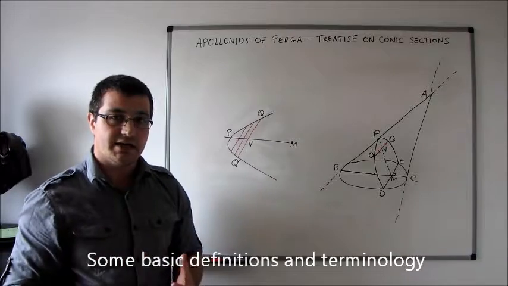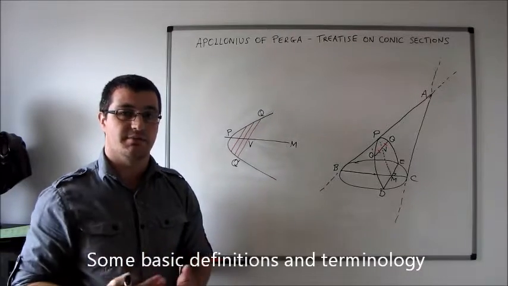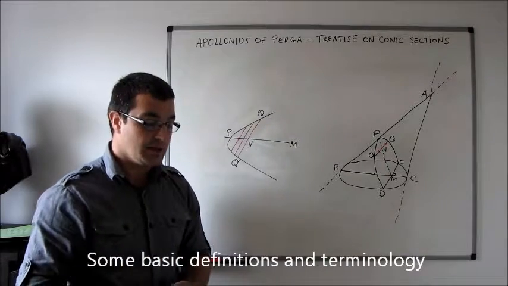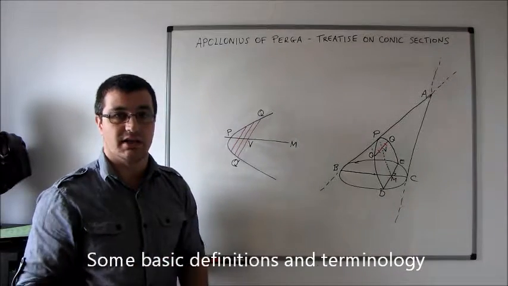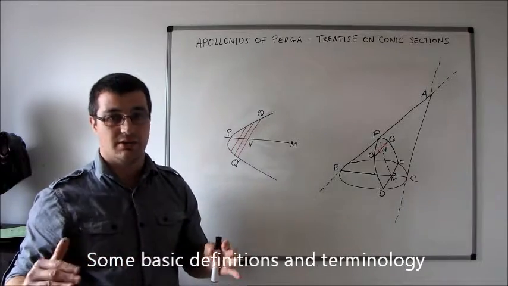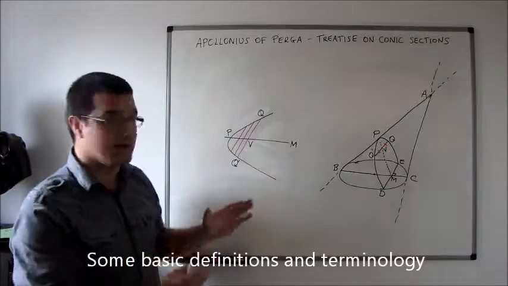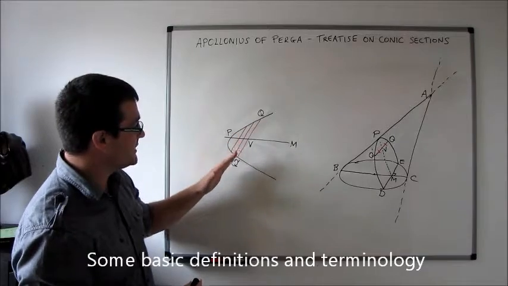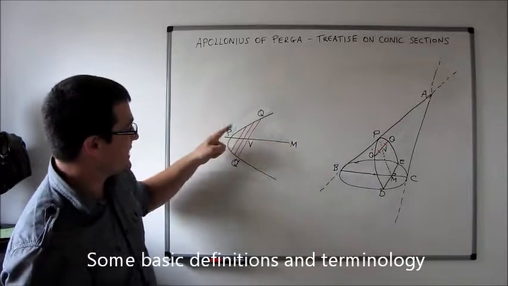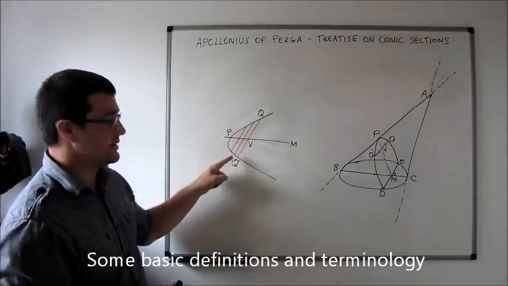But once we've got the idea of a chord, then we can start to talk about a diameter. We can introduce the notion of a diameter. A diameter is any line that bisects a series of parallel chords. So that's the reason that I've drawn these chords parallel to one another. The line PM here, as you can see, roughly bisects these chords.